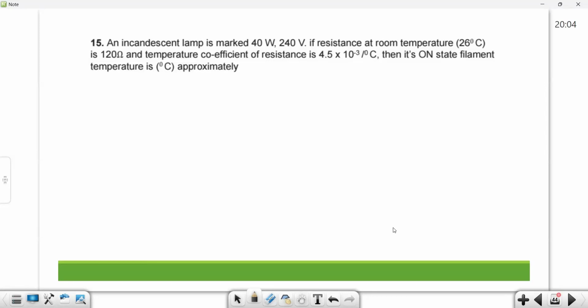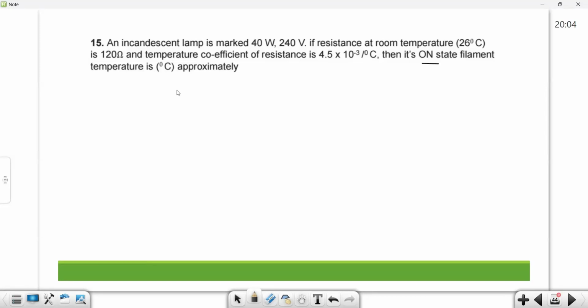And the temperature coefficient is also given. He is asking to find the on state filament temperature. On state means, you see, an incandescent lamp is marked with these ratings. When you switch on, these will be the ratings.